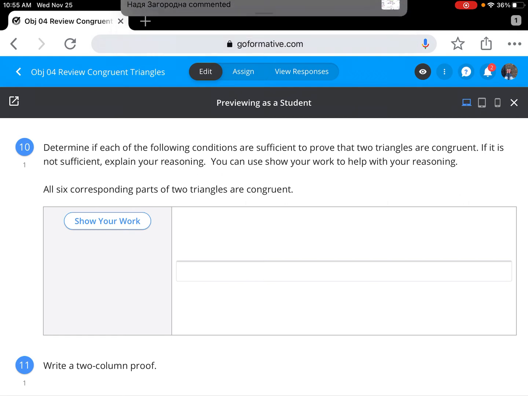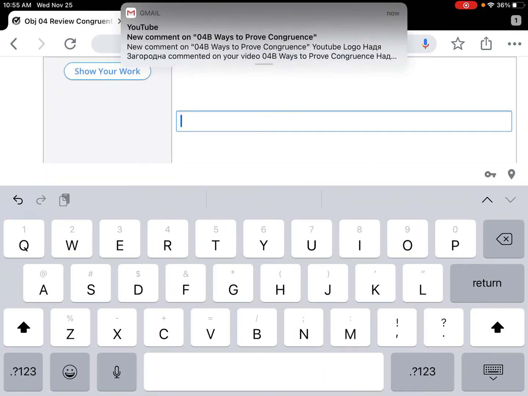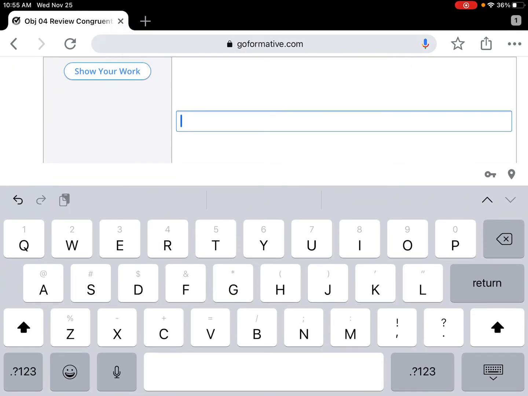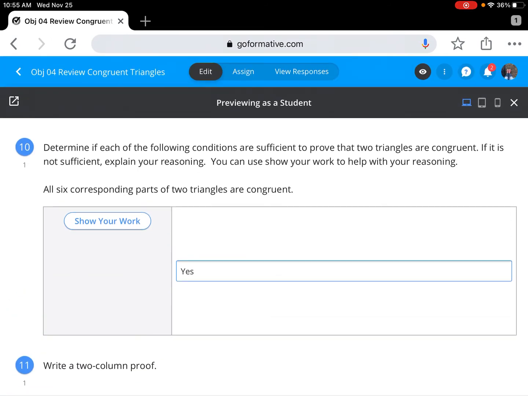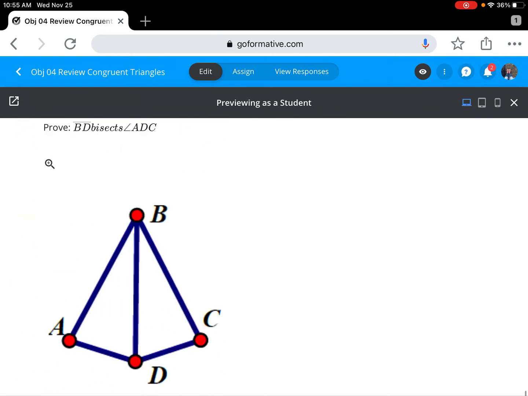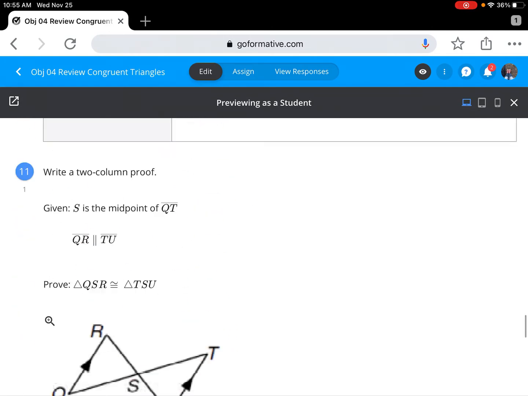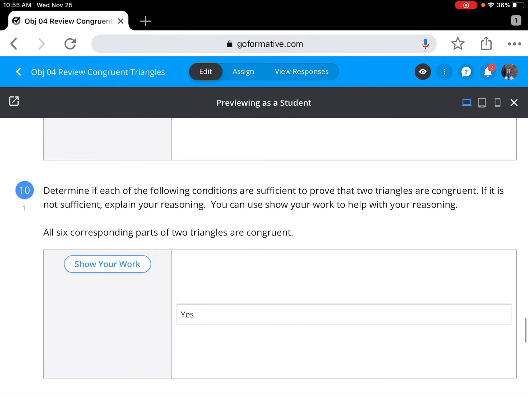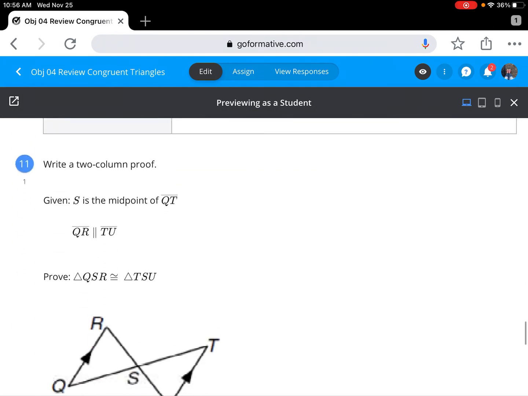Number 10, yes. This is going to be yes. And then here we have a few proofs, and that's just what we're going to end with. So all 6 parts are congruent. Yep.